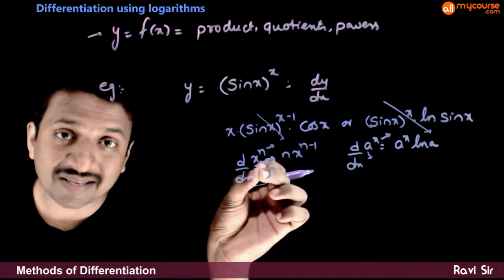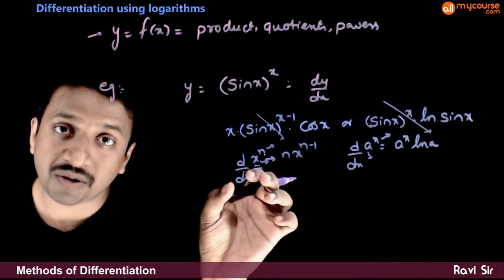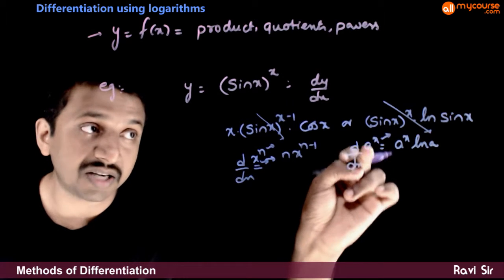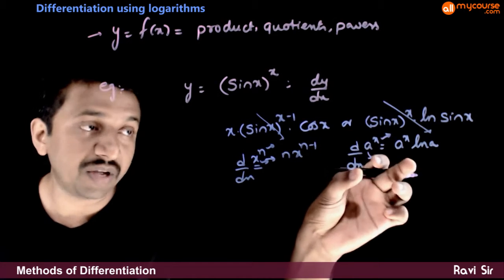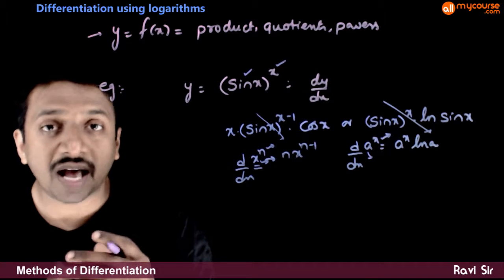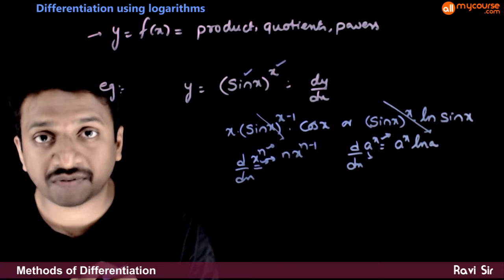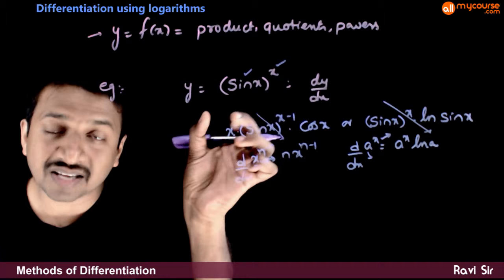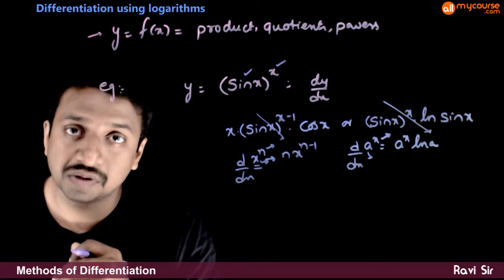So if the base is a variable and the exponent is constant, we can use the first formula. If the base is constant and the exponent is a variable, we can use the second formula. If the base as well as the exponent are functions in terms of x, you cannot use these two formulas. So in these cases, logarithms will be useful.